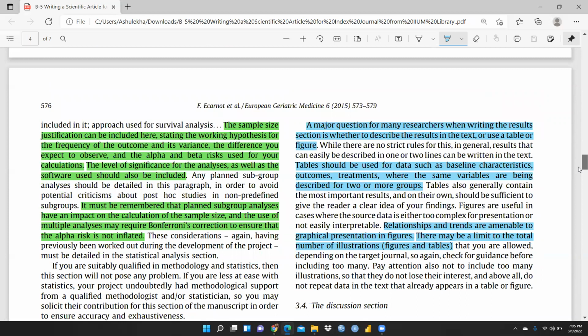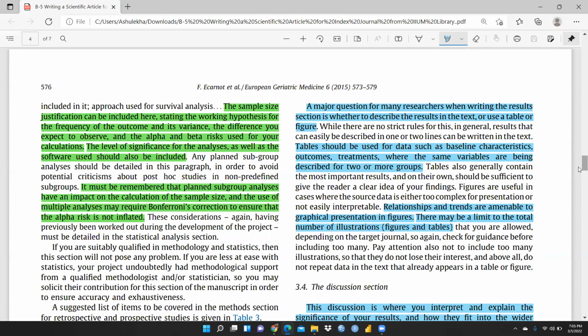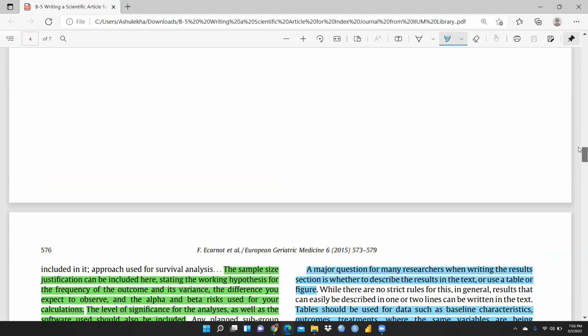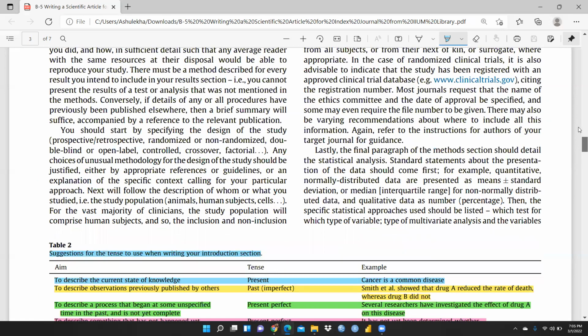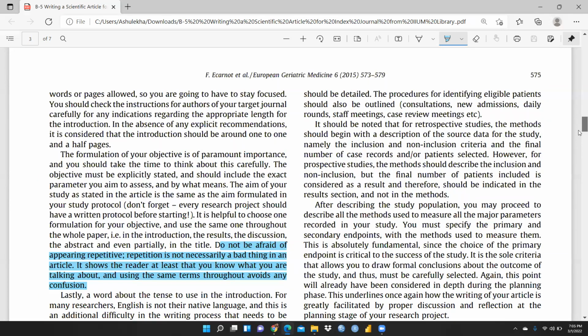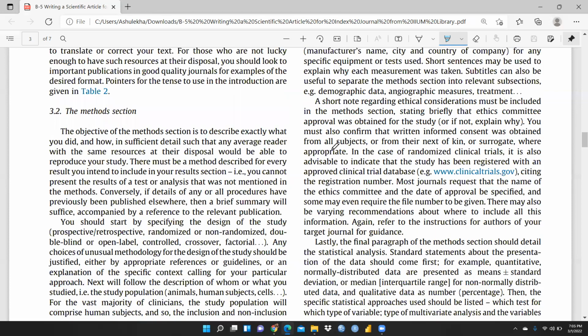And the sample size justification can be included here, stating the working hypothesis for the frequency of the outcome and its variance, the difference you expect to observe. We are talking about this section, which is part of the method section.